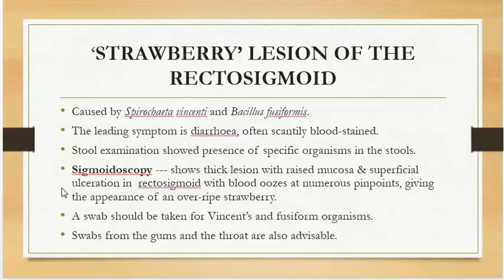The leading symptom is diarrhea in these cases, often scanty and blood stained. So the symptom is diarrhea, and maybe there is blood staining of the stools. Stool examination shows the presence of the specific organisms in these patients, which are Vincent's organism and Bacillus fusiformis.